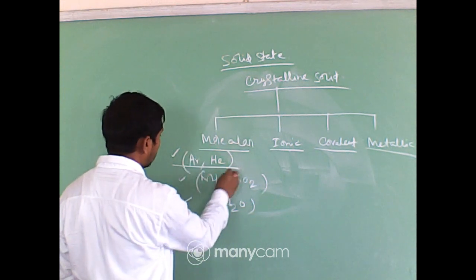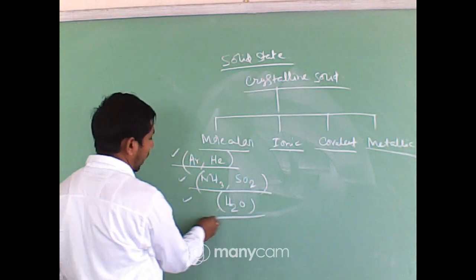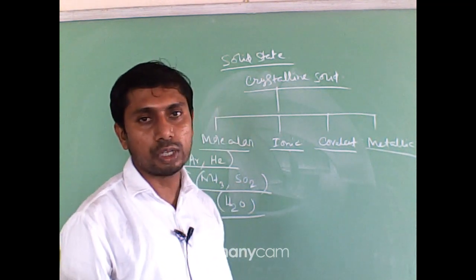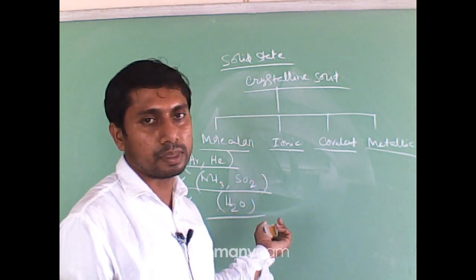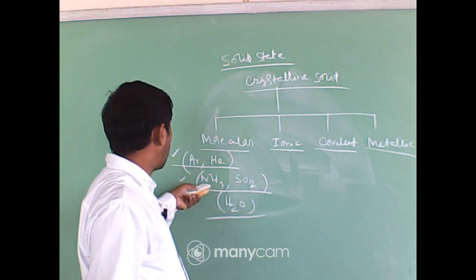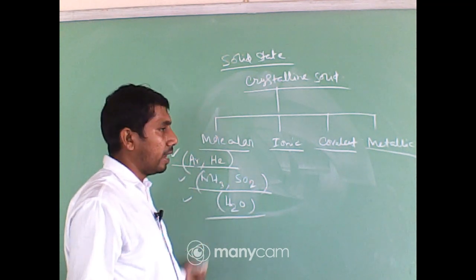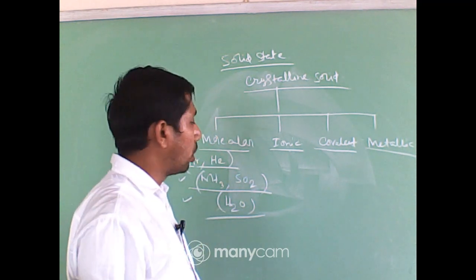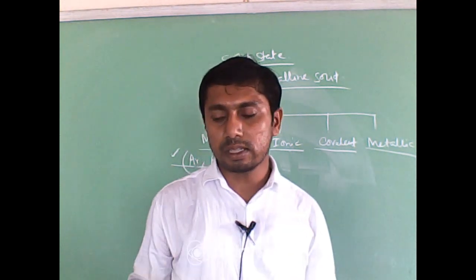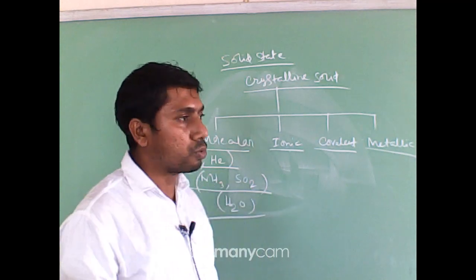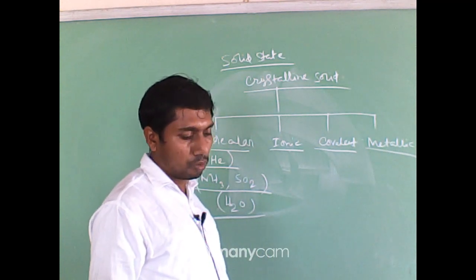This is non-polar, this is polar molecular solid, and this is hydrogen bonded molecular solid. Here you should remember the types by name, because assertion-reason type questions may come from here, which go with these properties of the molecular solid.